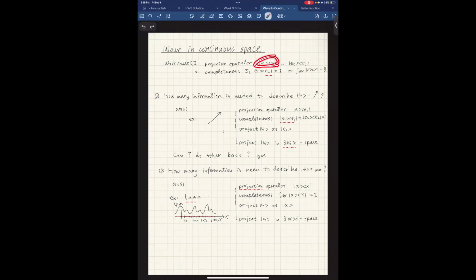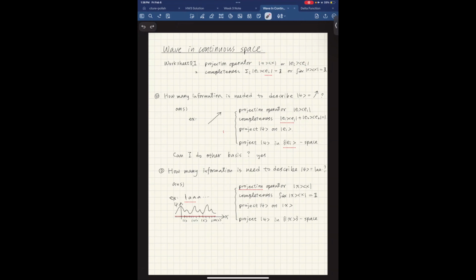This is what it looks like in continuous space, and this is what it looks like in discrete space. The biggest difference is that if it's discrete, you will see an i. That i can be E1, E2, E3, E4. Well, x is more continuous, right? It can be 1, it could be 1.001, it could be something really, really tiny. Okay.